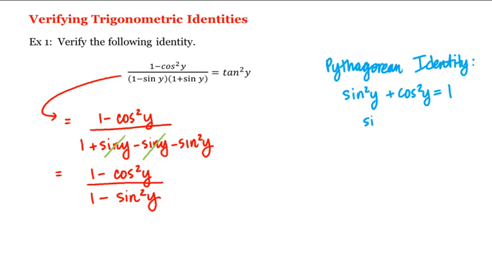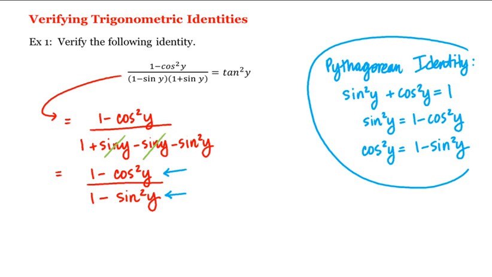We have that sine squared y is equal to 1 minus cosine squared y, which is the numerator over here on the left, isn't it? And if we subtract sine squared y from both sides, what do we get? We have cosine squared y is equal to 1 minus sine squared y, which is the denominator over here on the left. So let's use those facts.